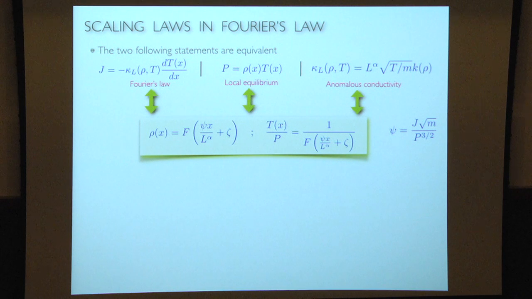It doesn't depend on the system size, on the temperature gradient, on the average density, on anything. It's a universal master curve for your model. These profiles follow after a linear scaling of space, where this psi is just some reduced current. This is the current that you would measure, times the square root of the mass, over the pressure to the 3/2. Okay? So these two statements are equivalent.